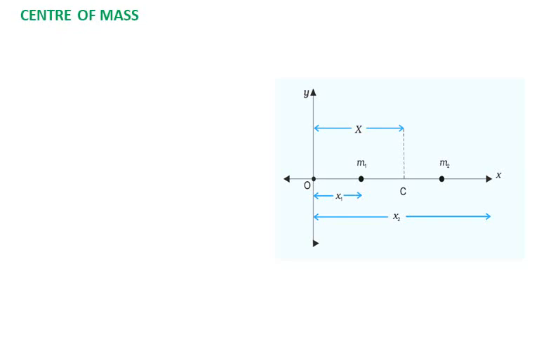Newton's laws of motion are applicable to point objects. The introduction of the concept of center of mass enables us to apply them equally well to the motion of finite or extended objects.